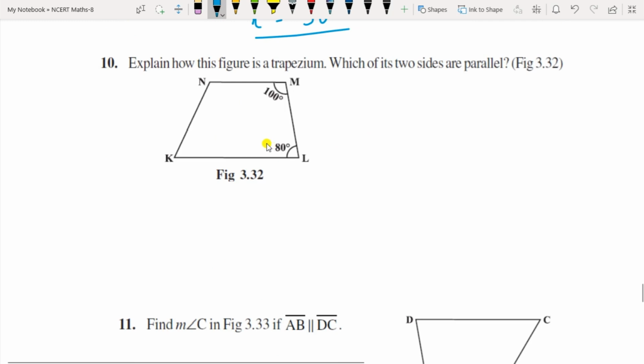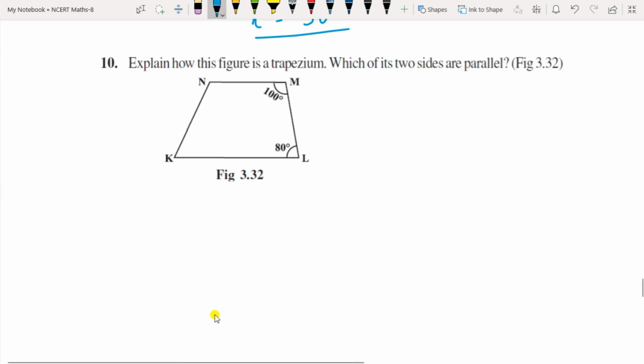Question number 10 is, explain how this figure is trapezium. Now you have to prove whether this figure is trapezium or not, and which of the two sides of it are parallel. If this is a trapezium, then which of the two sides are parallel, we have to show. So let us start. Here you can see that M and L, these are the two angles whose measures have been given.